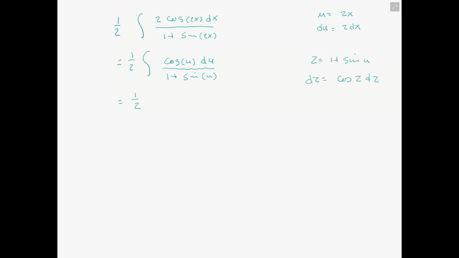And now we have dz in the numerator and z in the denominator, and that equals 1/2 natural log of z plus c, but that's equal to 1/2 the natural log of 1 plus sine u plus c.